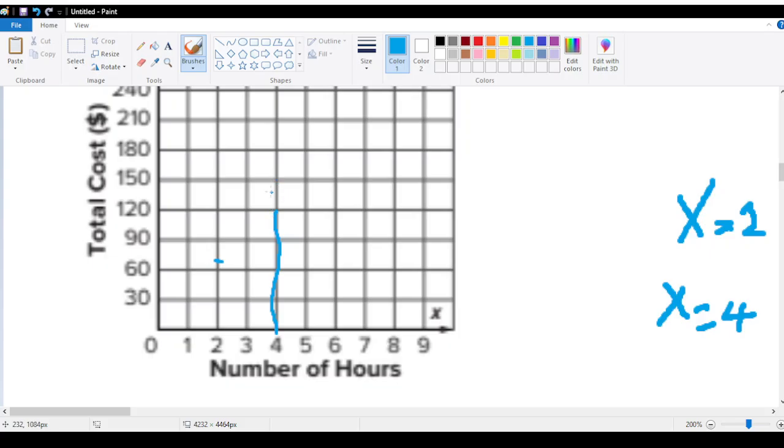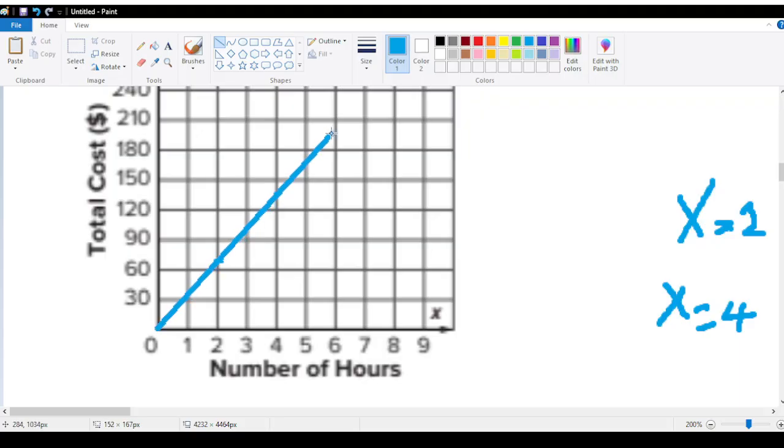Between them, exactly in the middle, is 135. Exactly, because between 120 and 150 is 135. So x is 4, it's four and a half.